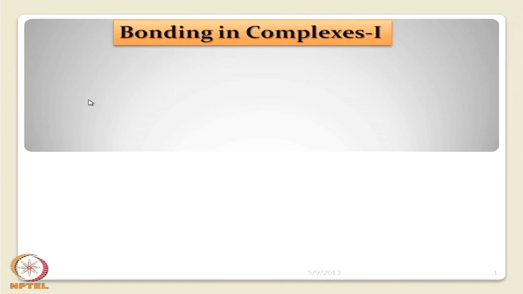So, in this class where we will be talking about bonding in complexes, we will be very much interested to know how the hybridization concept can be introduced in dealing with the bonding nature of the metal ligand bonds.